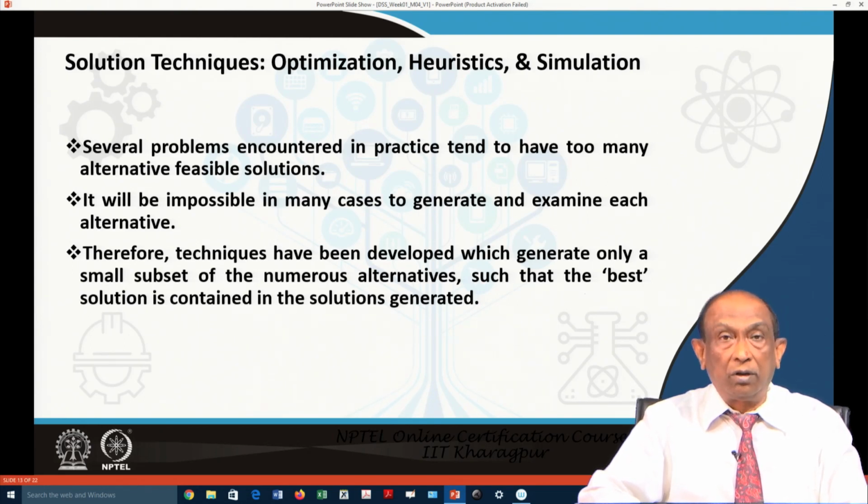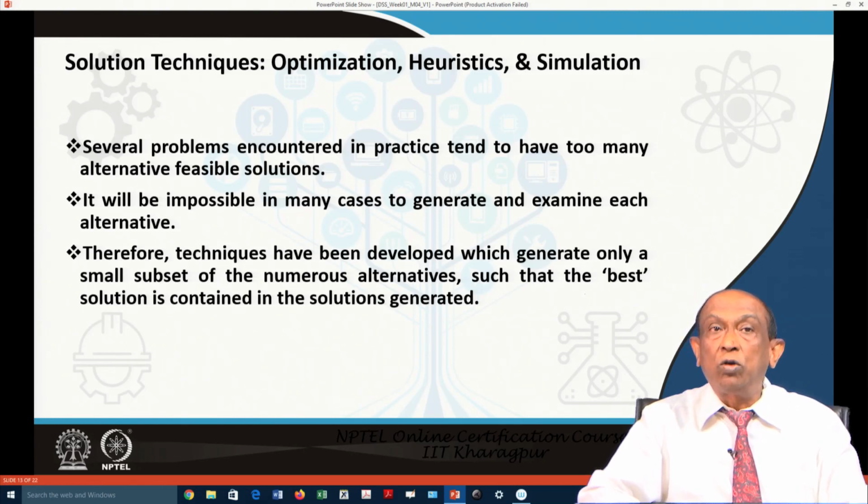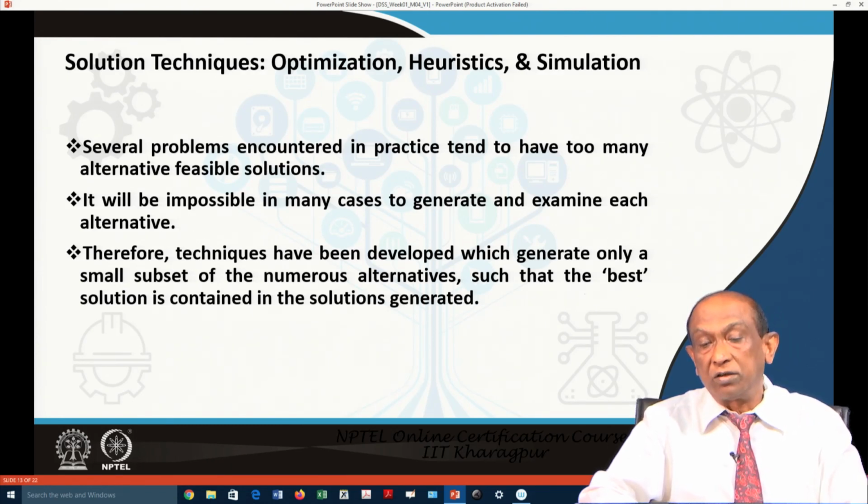Therefore, techniques have been developed which generate only a small subset of the numerous alternatives, such that the best solution is contained in the solutions generated. And these kind of solution techniques are basically from optimization, heuristics and simulation.